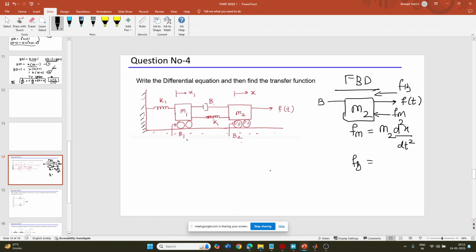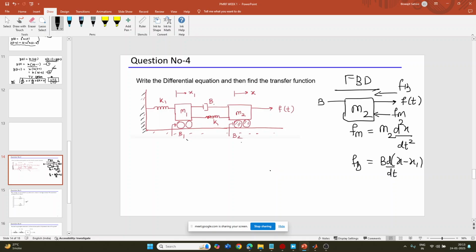What is the value of Fb? It is B into x minus x1, but you have to write dx by dt, so B into d by dt of x minus x1. This is the viscous force.